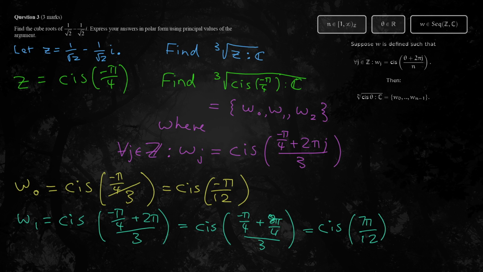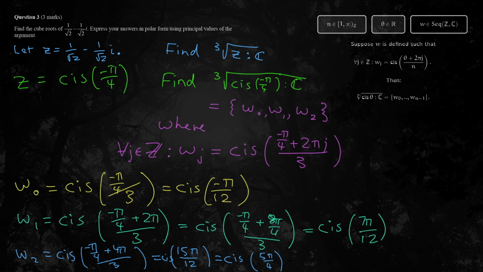Finally, we'll go ahead and compute w2. I don't know if we've got enough space, but we'll do our best. We're going to just emulate the previous line. Negative pi on 4 on top. Now we add 4 pi here, still over 3. Just to save a bit of space, I'm going to jump a step. So we're going to end up with cis of 15 pi over 12, which simplifies to 5 pi over 4.